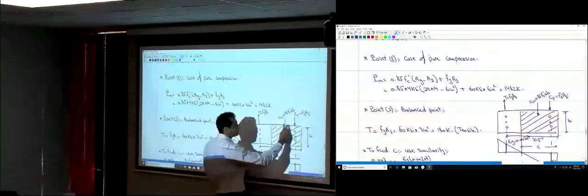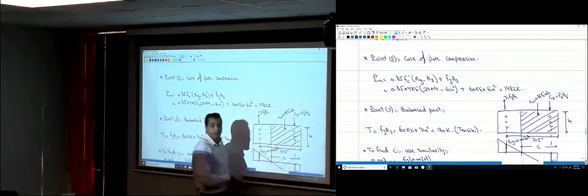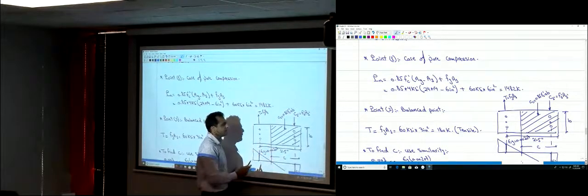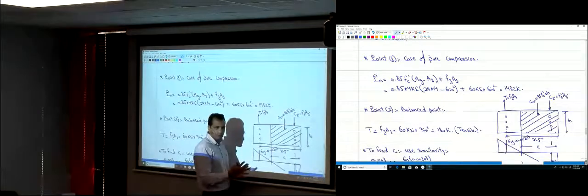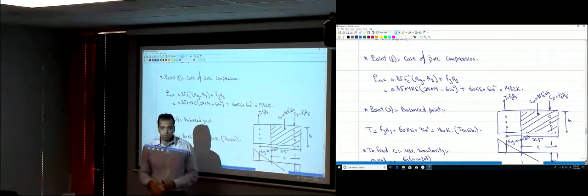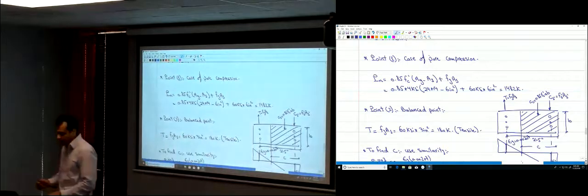The moment of those three forces is equal to the applied moment about any point, okay? So just take the moment about any point, okay, and equate it to that moment, okay? So we're going to do this next time. It's just one step, but we're going to do this next time so that you don't be late, okay?